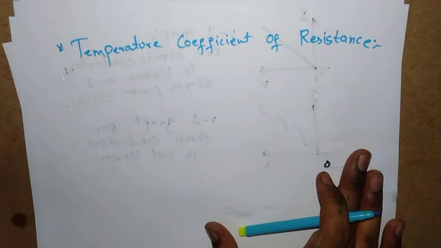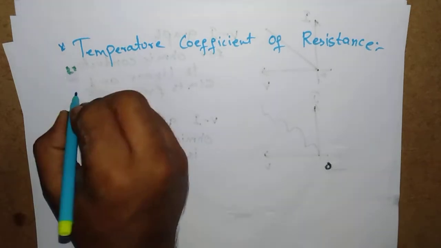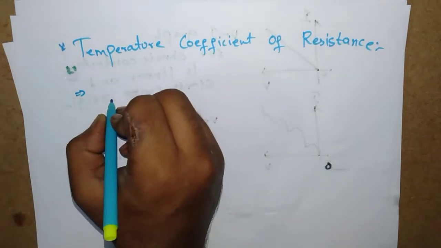So here, temperature coefficient of resistance. What does it mean? The factor by which the resistance of the material changes with temperature. I will write it down, you will understand easily.